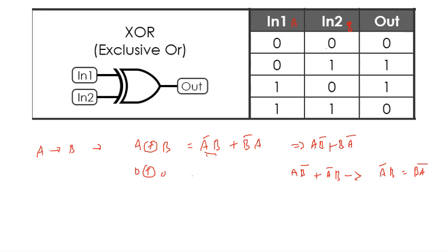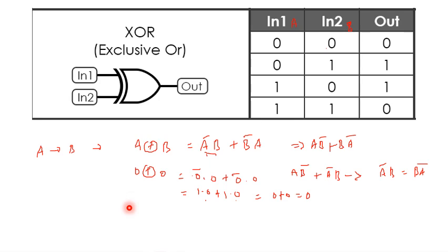So what you are going to mention here is 0 bar dot 0 plus again the same, B bar here is again 0 bar dot 0. So 0 bar here is 1, 1 dot 0 plus 1 dot 0, 1 dot 0 here is 0, 1 dot 0 here is 0, 0 plus 0 here is again 0. So the answer in this case, 0, 0 as the input, the output is also 0.